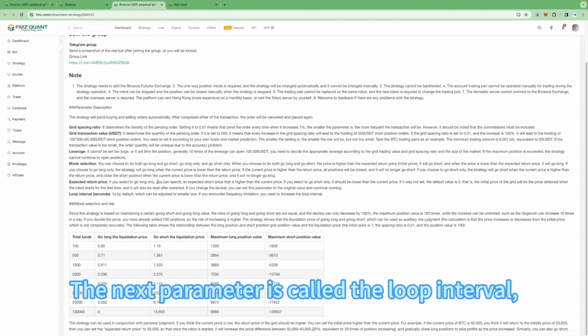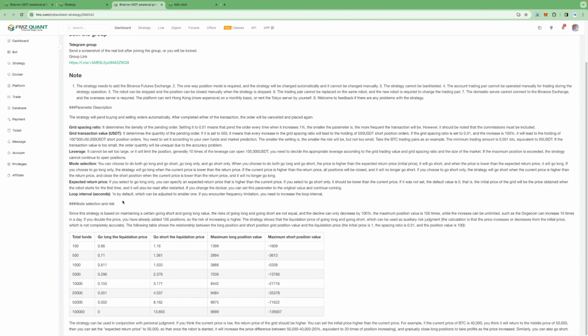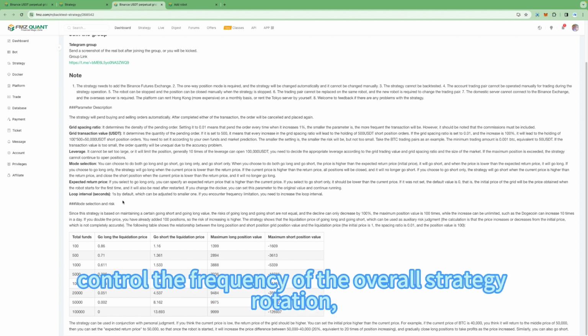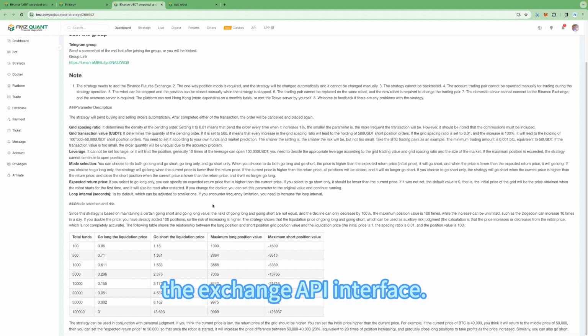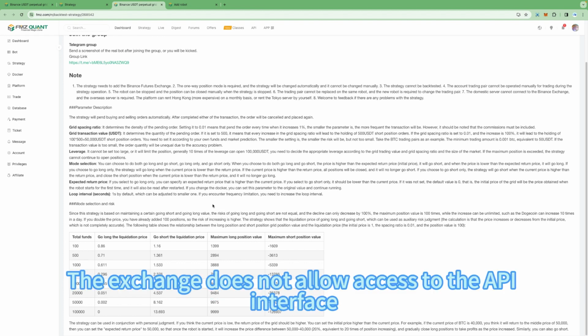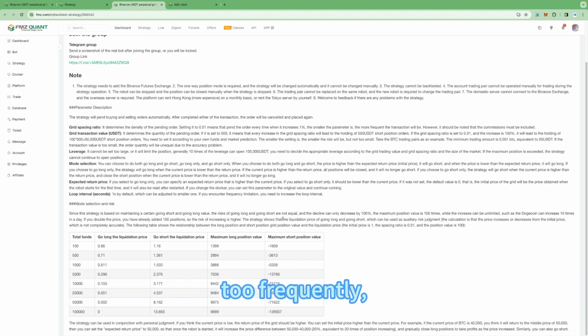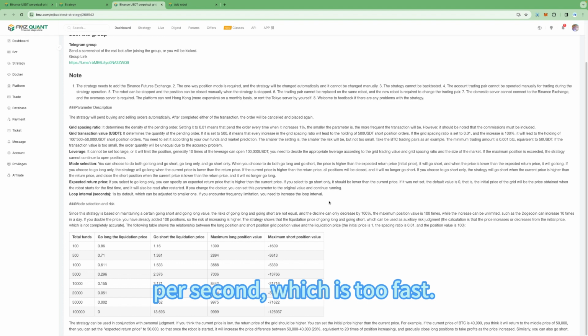The next parameter is called the loop interval, which is mainly used to control the frequency of the overall strategy rotation, because there is a frequency requirement for accessing the exchange API interface. The exchange does not allow access to the API interface too frequently, such as accessing 100 times per second, which is too fast.